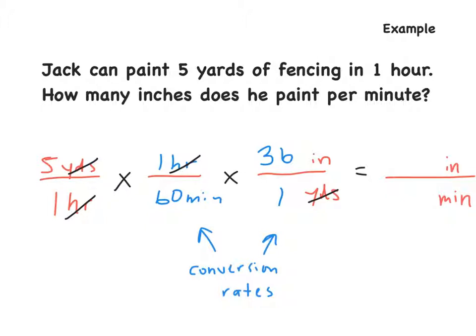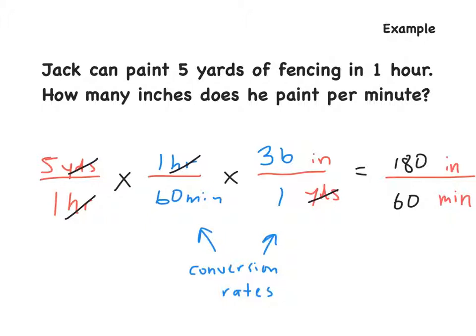Now, all we have to do is just multiply straight across. Let's do the bottom one first because it's easier. 1 times 60 times 1 is equal to 60. 5 times 1 times 36 is equal to 180.